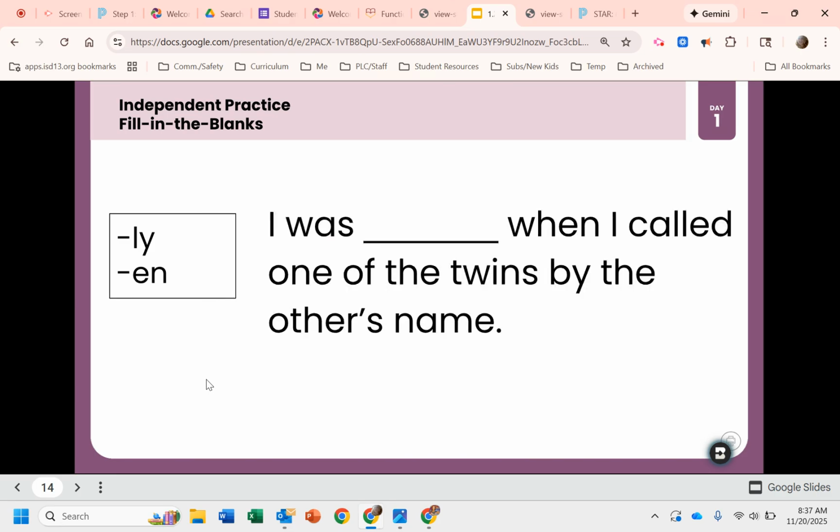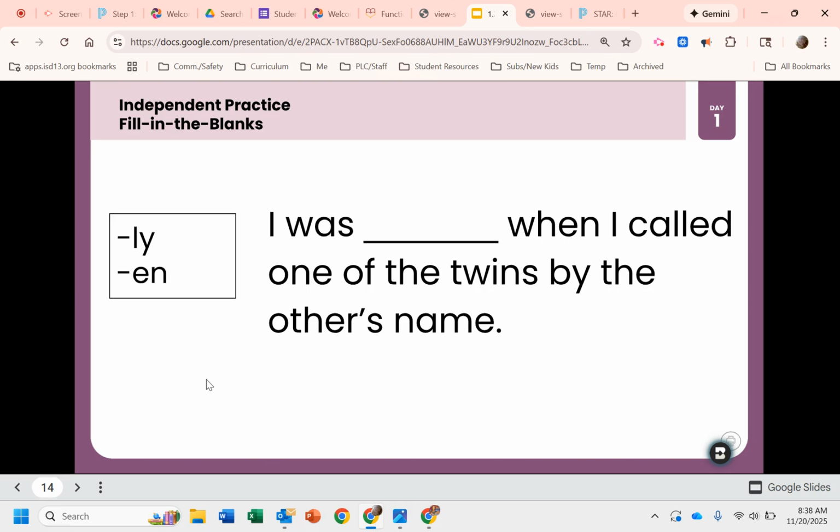And finally, I was blank when I called one of the twins by the other's name. Sounds like a case of mistaken identity. I was blank.